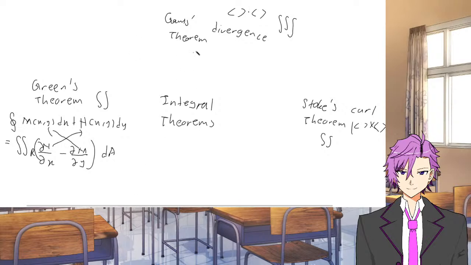Gauss theorem comes from the surface integral of F dot dS over the surface, and we convert it into a triple integral over a solid.